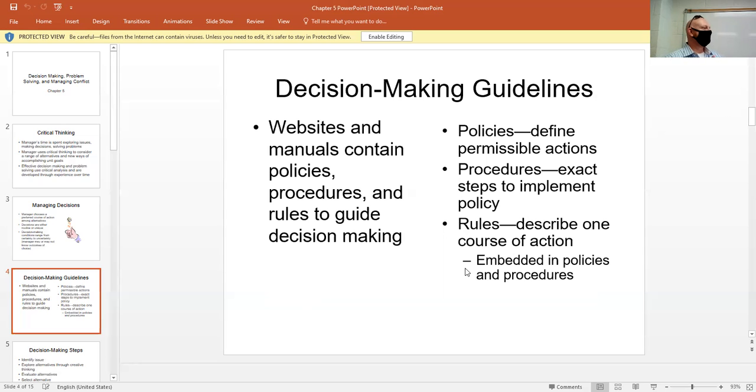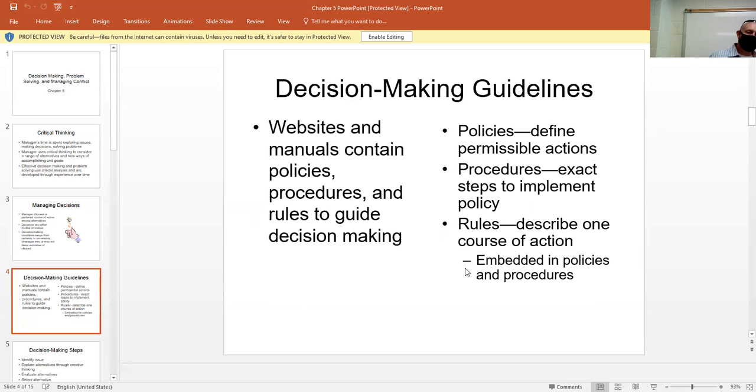Long story short, sorry, got on a tangent, but with websites and manuals that you can find on the internet, the possibilities are endless. You can find anything. You can find things to help you guide yourself in making decisions: policies, procedures, and rules that you can use to help guide decision making.